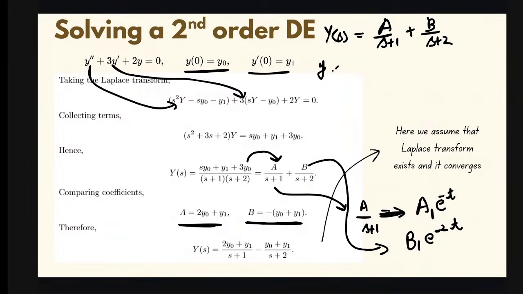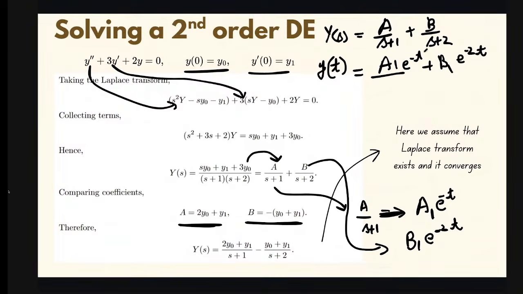Now clearly I can write that without even understanding what the ROC is. If I take the inverse Laplace transform on both sides, I can clearly write that y of t is equal to some a1 times e power minus t plus b1 times e power minus 2t. All right. I hope this is clear.